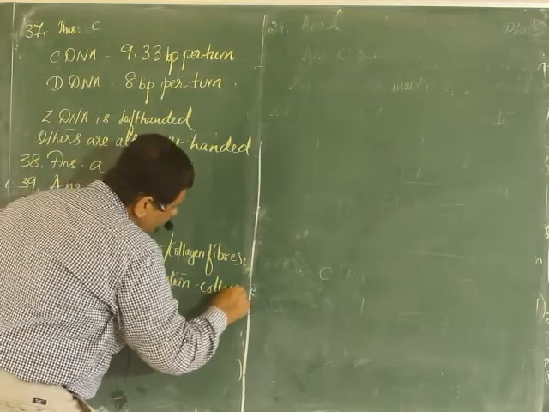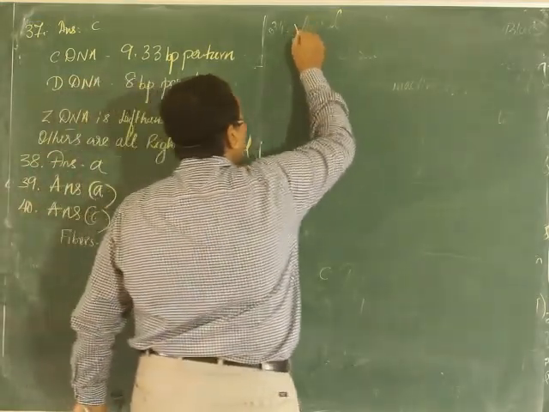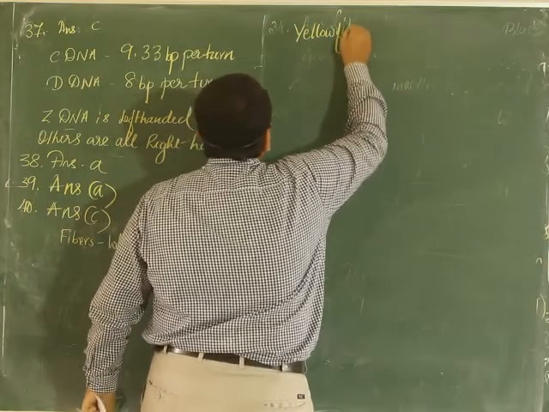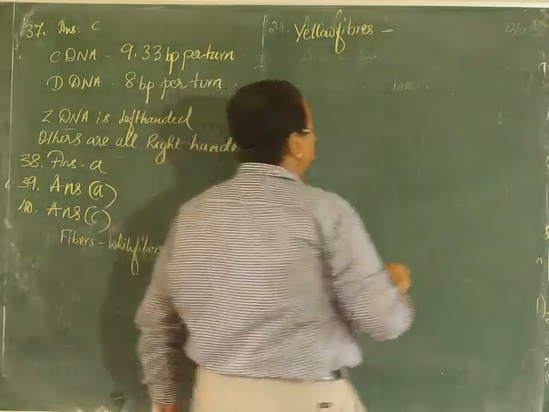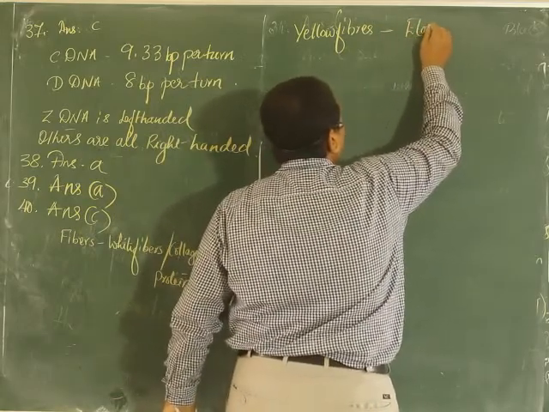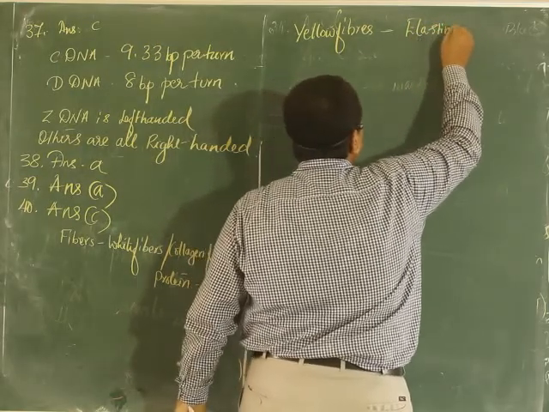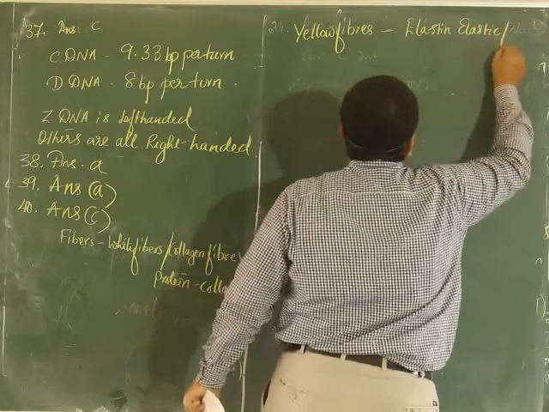Yellow fibers are there. White fibers occur in bundles. Yellow fibers are single and contain a protein called elastin, so they are called elastic fibers.